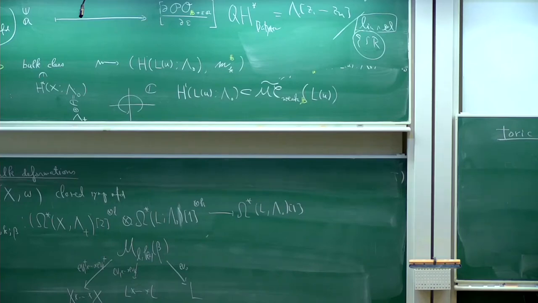And then take the power, and then we use H^1(L; Λ_0) and tensor with it. And this one we use torus invariant differential forms with coefficient in Λ_0.